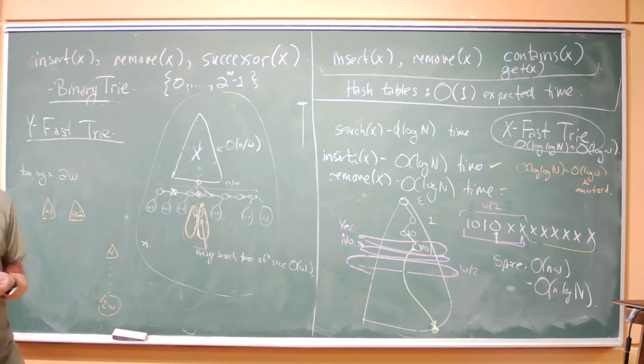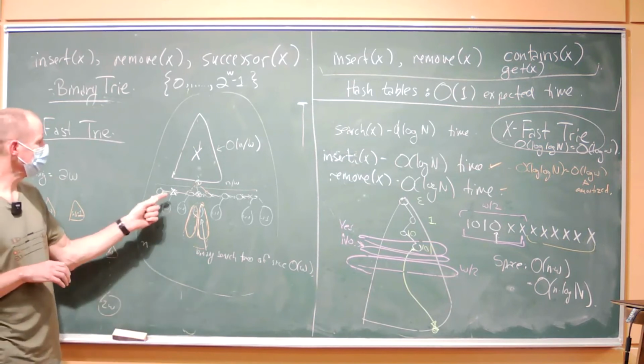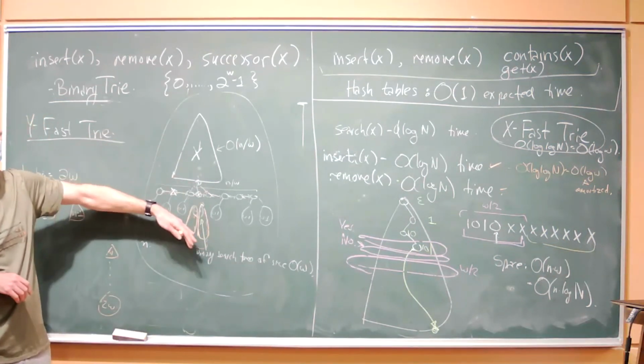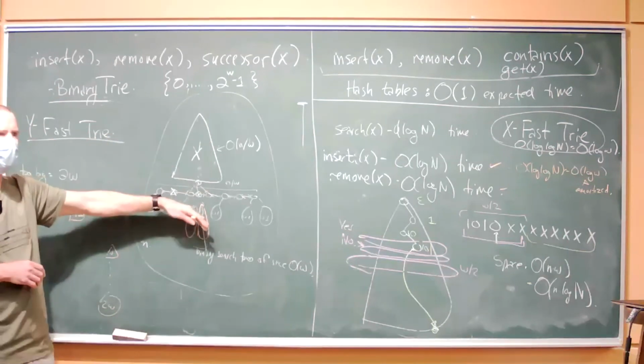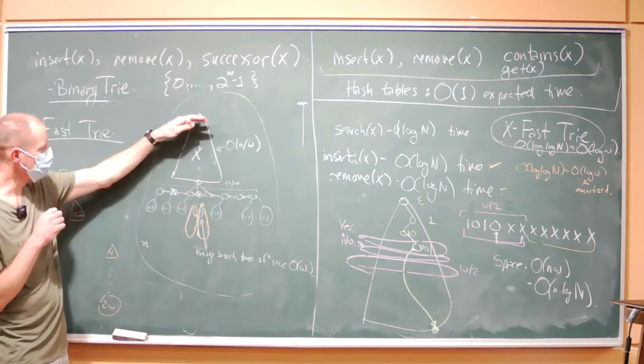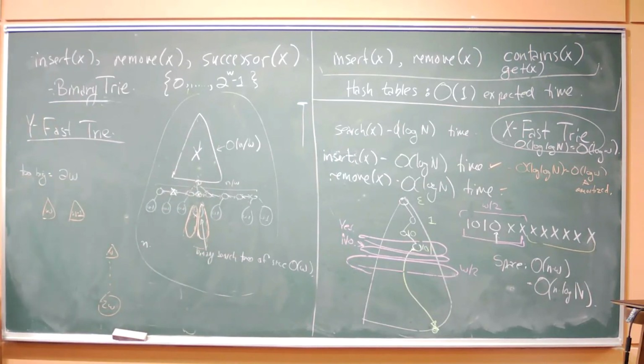Well, it's in that horrible structure with all the hash tables and everything else, and this binary trie attached to it. So there's no rotations in that structure.